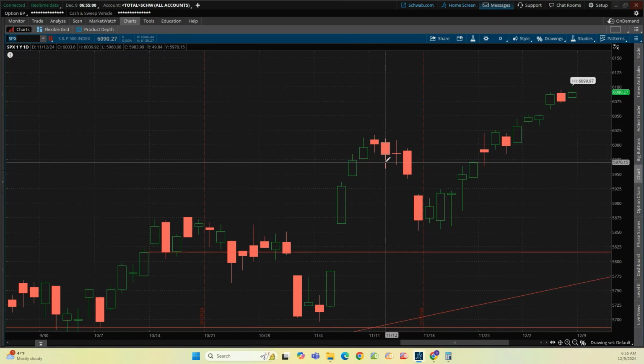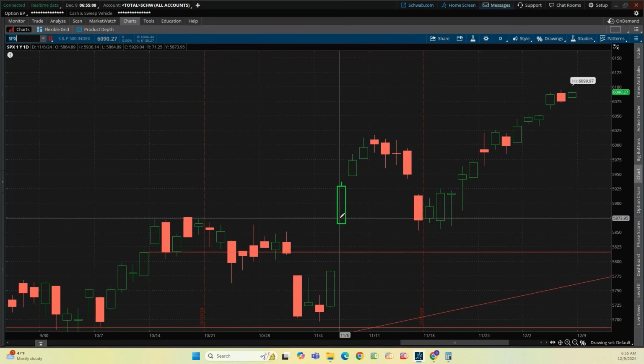That's how it behaved around 6,000. What about 5,900? In 5,900, we can see there was a huge gap, and it took out the prior resistance, back here below 5,900. This was combined with the catalyst of the election. A lot of times that's how these round numbers get taken out, around catalysts.